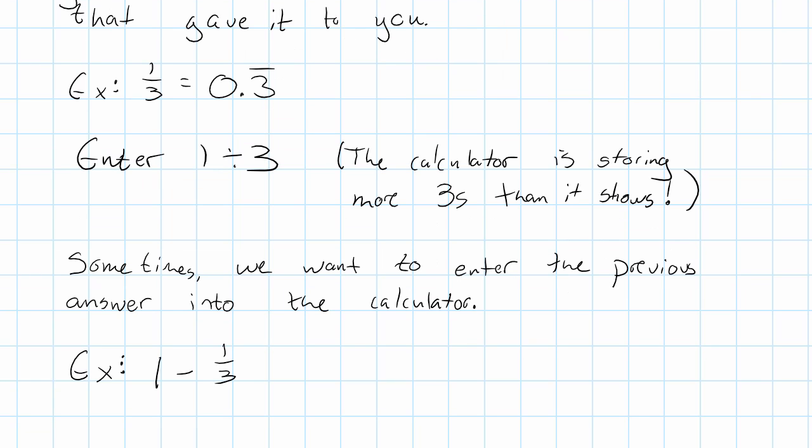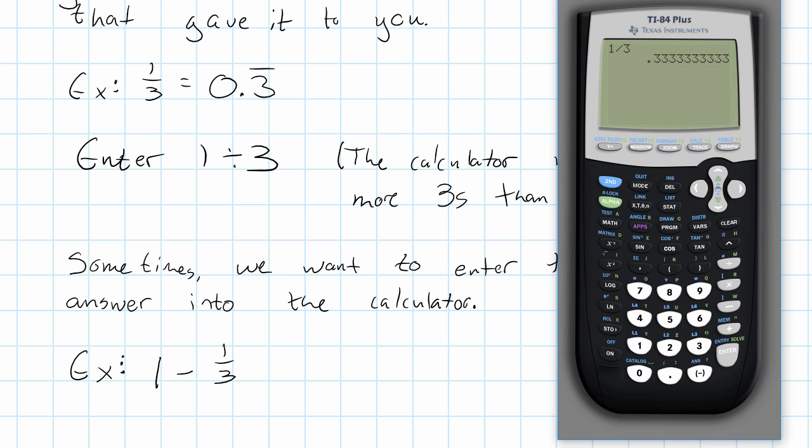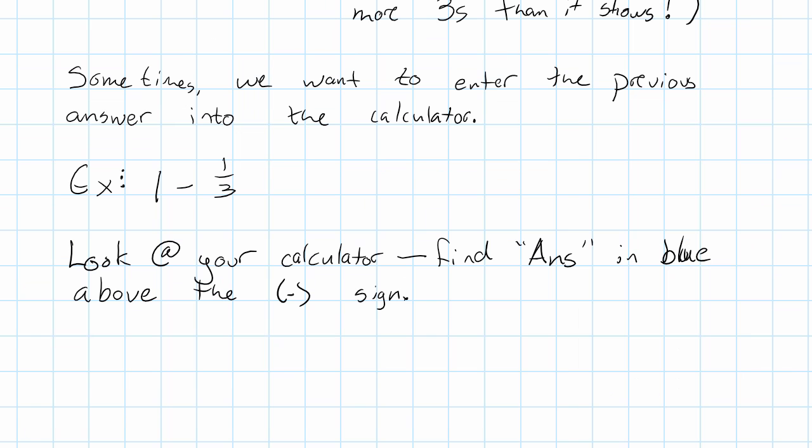For example, let's say we wanted to take 1 minus 1/3 after we just put 1/3 into the calculator. Well, we'll say 1 minus, and now we need to get the previous answer.